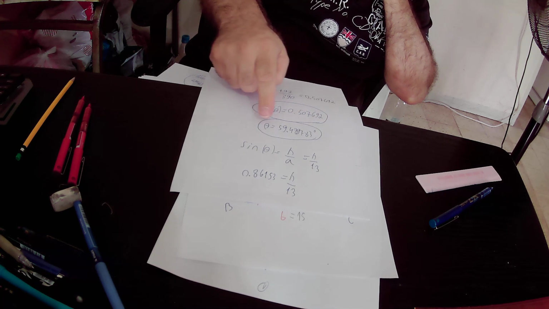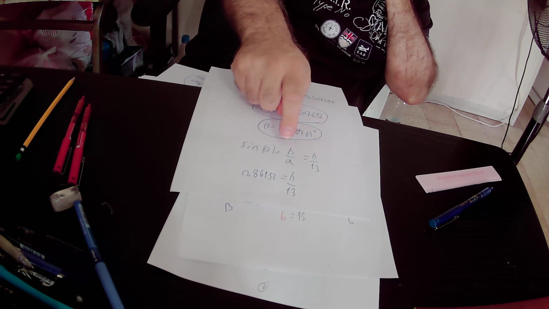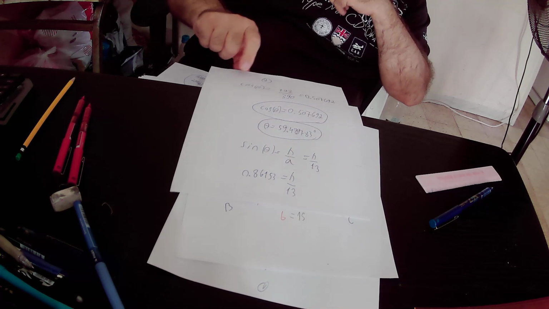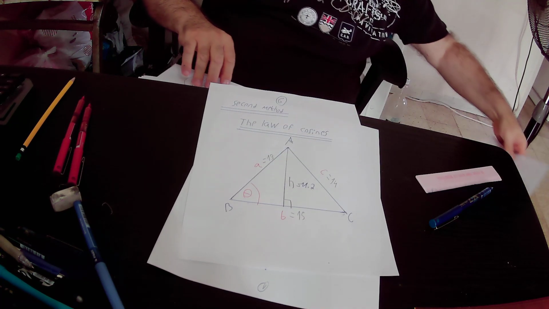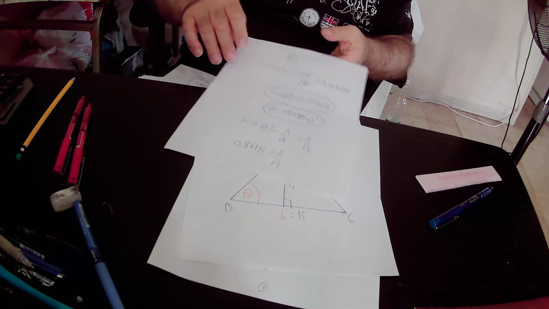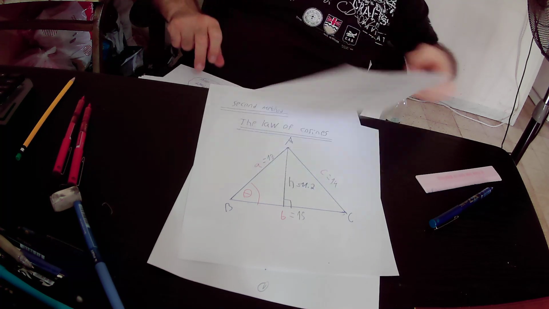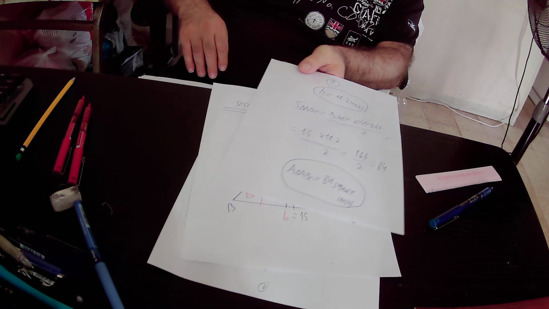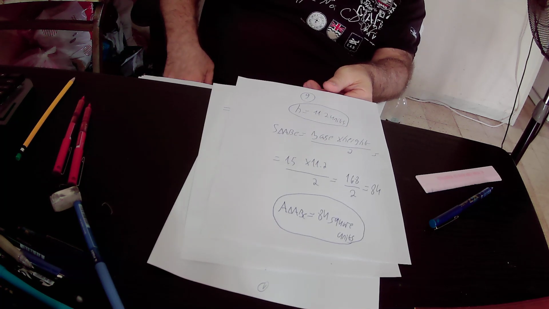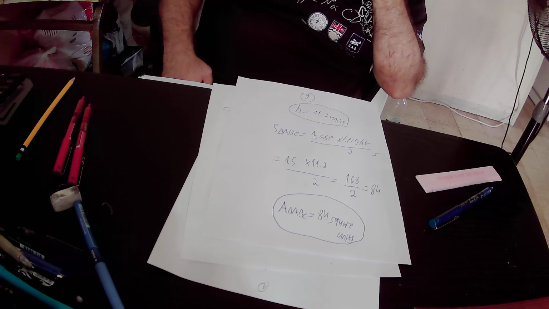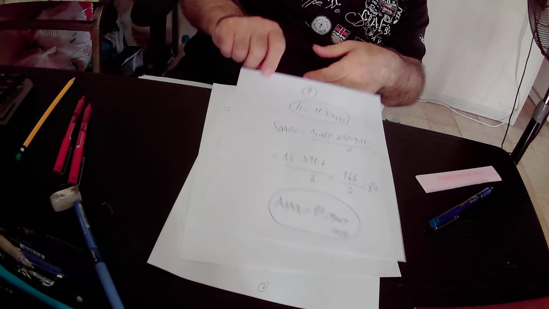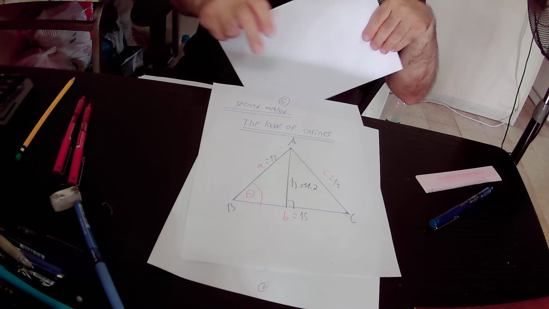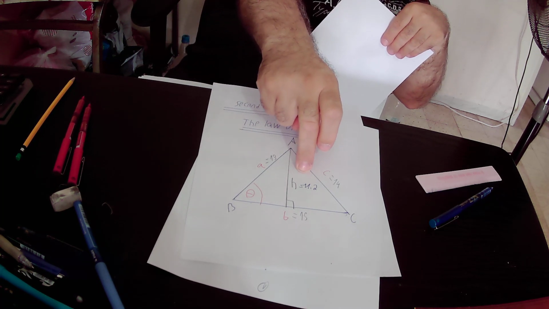We know that a equals 13. The only missing variable here is h. And we put the data inside this equality, and we found out that h equals 11.2 units. Okay, so we actually found out the height of triangle ABC. It equals 11.2 units.